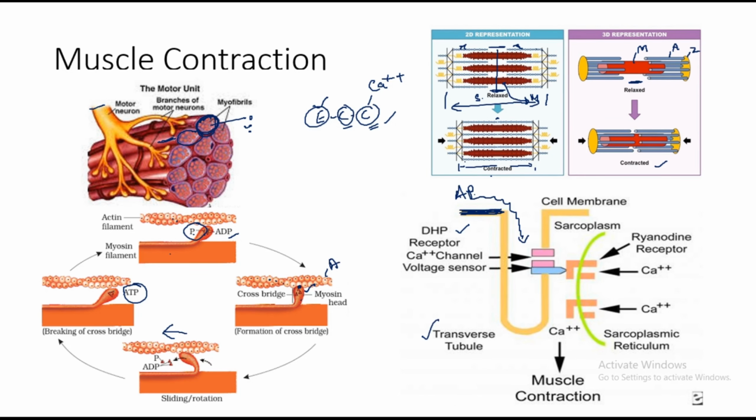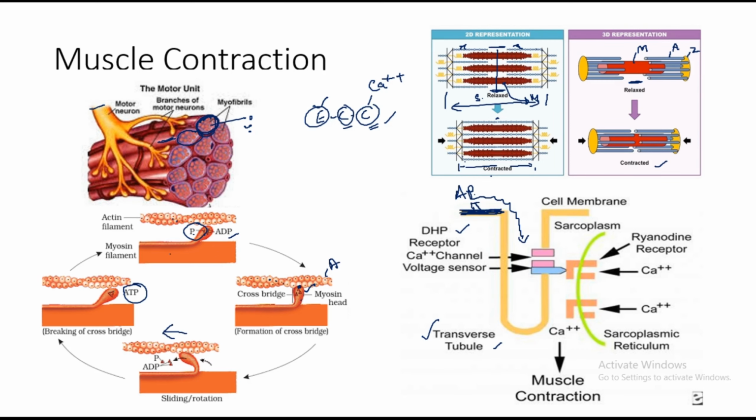This is called the transverse tubule, an invagination of the muscle sarcolemma or muscle cell membrane. So the cell membrane invaginates into the deeper structure of the cell.